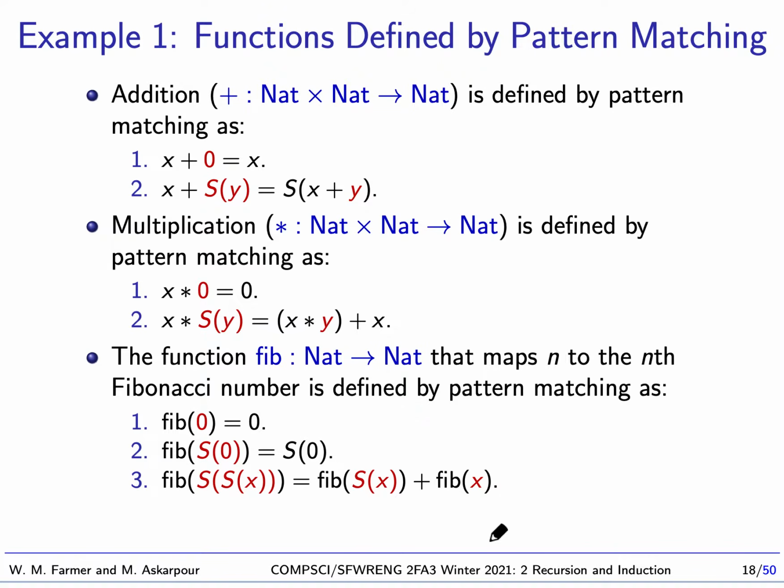Okay, so now we're going to define some functions recursively using pattern matching. The first function is plus, and the patterns are going to be 0 and the successor of y. So we're going to have x plus 0 will be x, and x plus the successor of y equals the successor of x plus y.